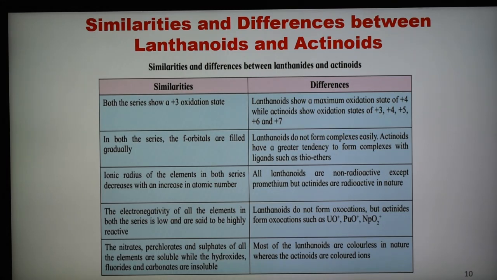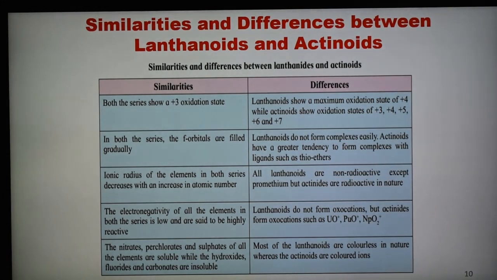Number 1 is the metal should have a vacant d or f orbital, or vacant orbital, second is the ligand should have a lone pair, and third is the metal should show variable oxidation state. So as compared to lanthanide, actinide elements show variable oxidation state, and therefore they have a strong tendency to form complexes as compared to the lanthanide. So this is the point of difference.